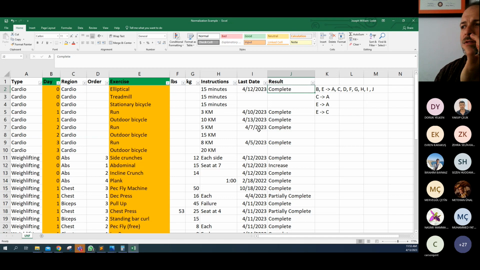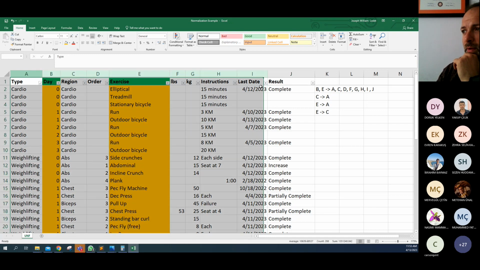Okay, so B alone doesn't determine anything, but do we have a column or set of columns that E determines? And what is it?